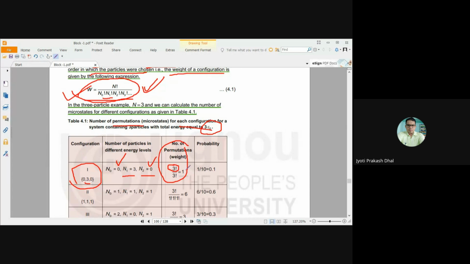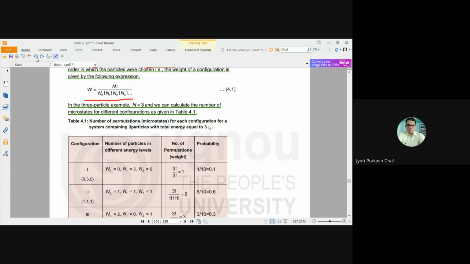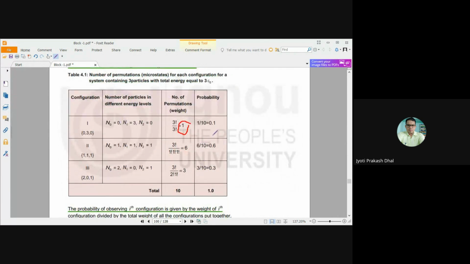So 3 factorial by 3 factorial is equal to 1. So the W value equals 1 for the first configuration. And here the probability will be W by 10, that is 1 divided by 10.